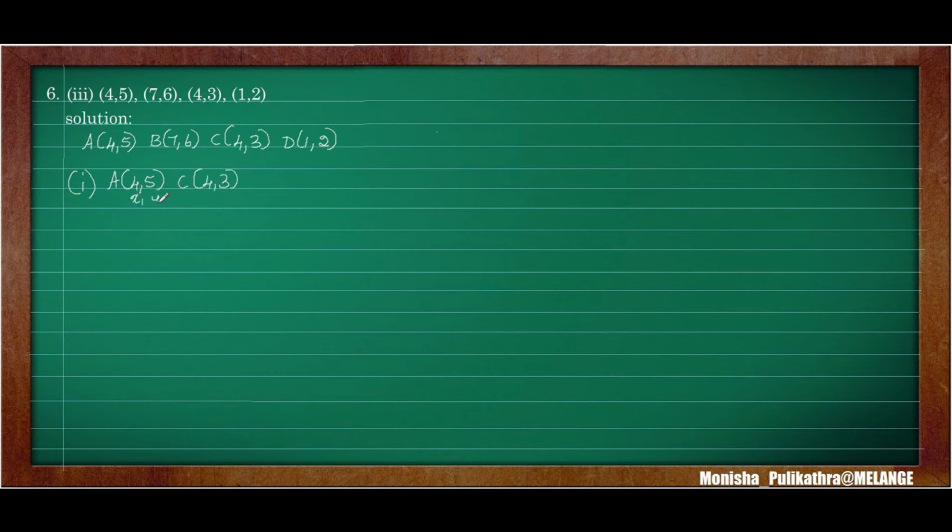This is x1, y1 and x2, y2. Apply the distance formula. D is equal to square root of (x2 minus x1) whole square plus (y2 minus y1) whole square. So D is equal to square root of (x2 is 4 minus 4) whole square plus (3 minus 5) whole square.